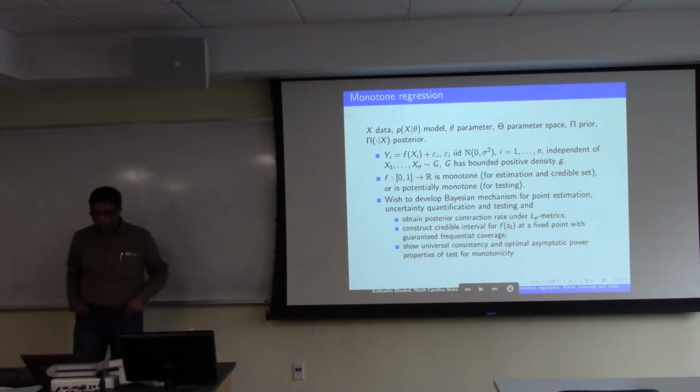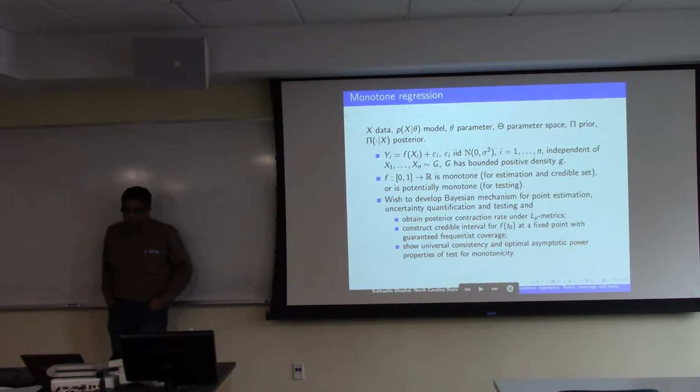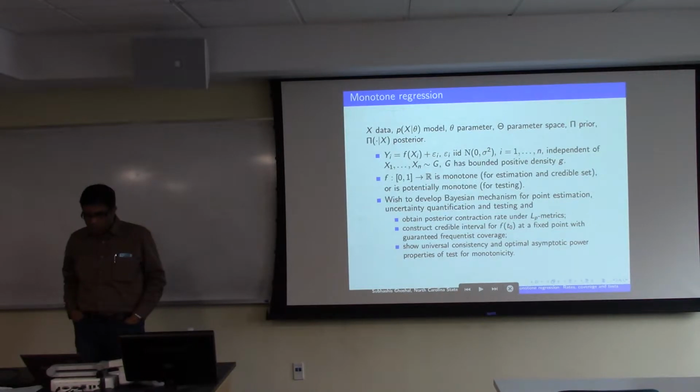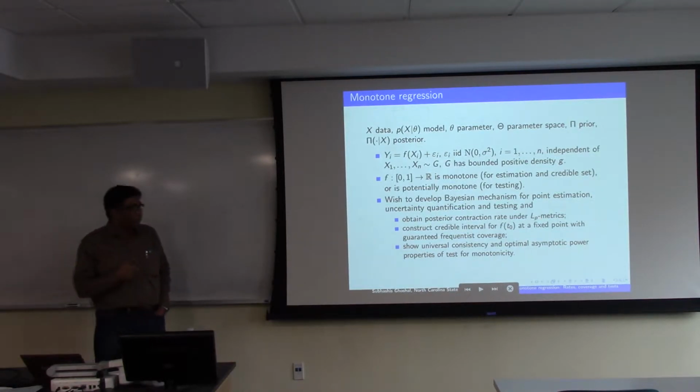In particular, we want to obtain the posterior contraction rate under Lp distances. What is the size of the region where the posterior distribution concentrates as you get more and more samples? This quantifies how much accuracy you have with increasing sample size.